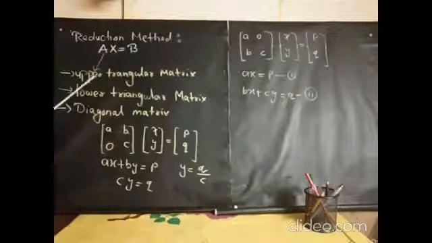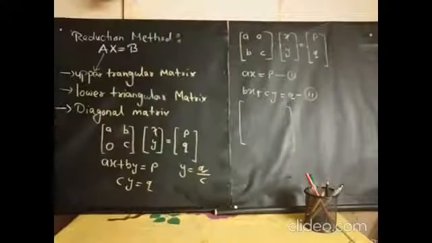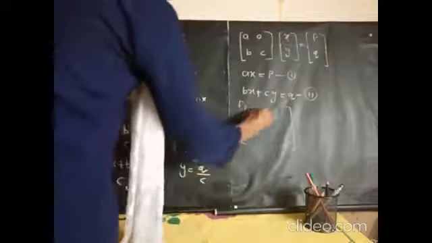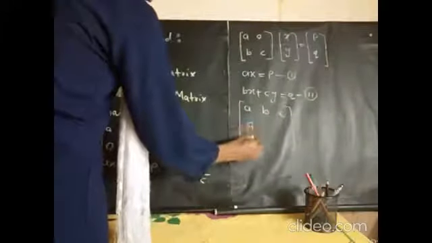Similarly, suppose your matrix is of order 3 by 3. Then suppose I am converting it into upper triangular. And suppose the elements are A, B, C. Here it should be 0, 0.